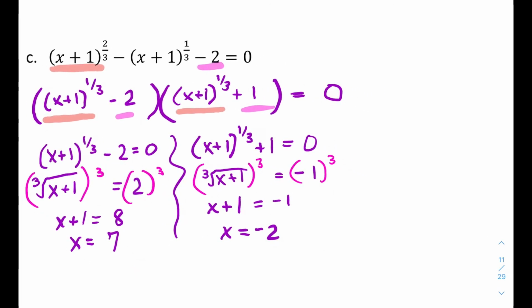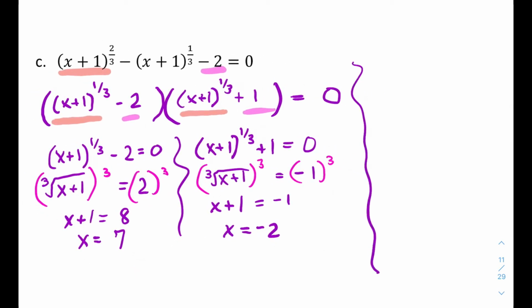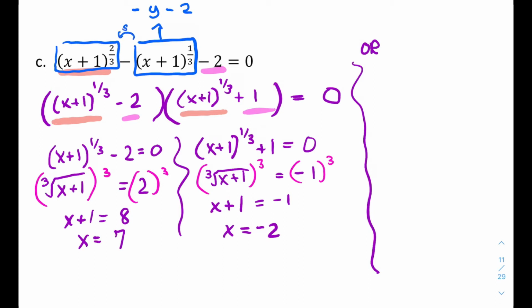A second option is we can solve this by using a method called substitution, which is not for systems exactly. It's a little bit different. It's basically rewriting the first messy equation in a form that looks a little bit easier to work with. So if I turn my middle term into, let's just say, y, then I can rewrite my equation with my middle term replaced with another variable that's standing in place of it.